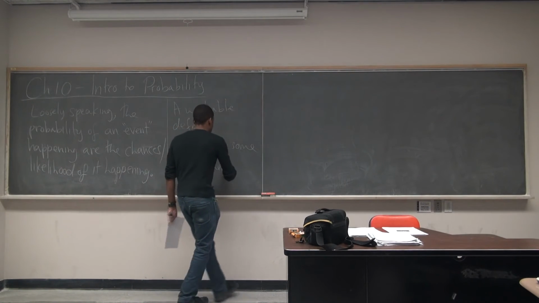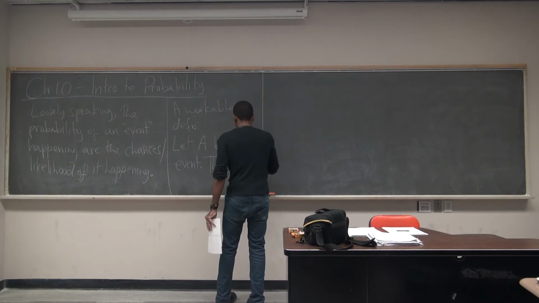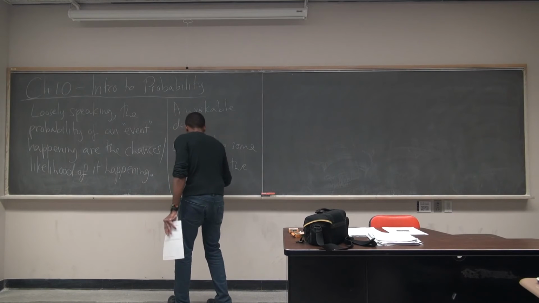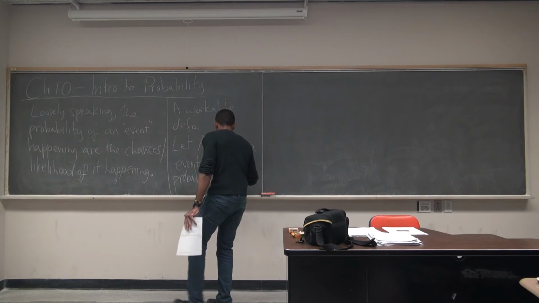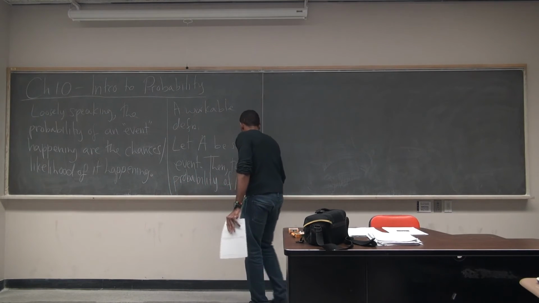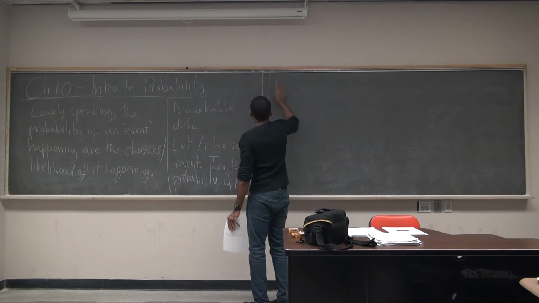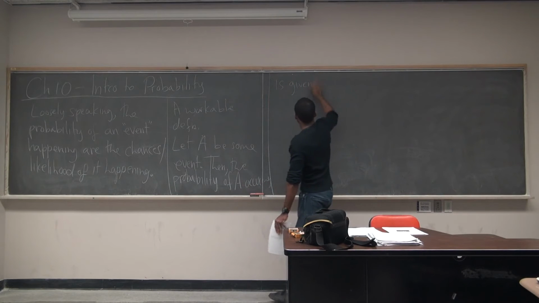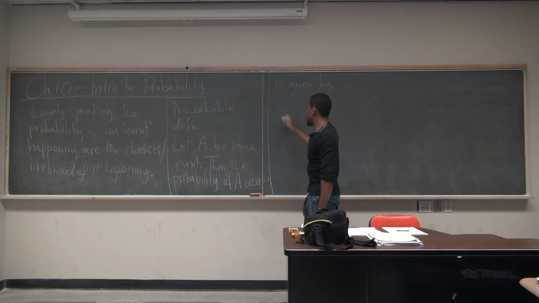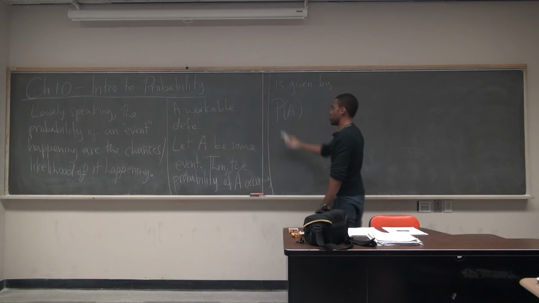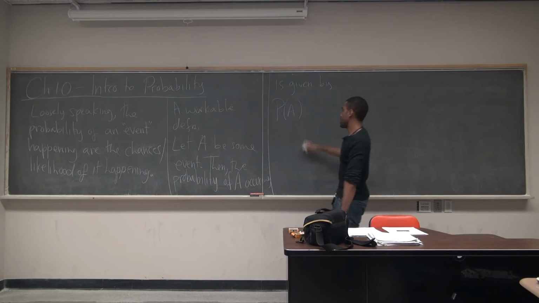Then the probability of A occurring is given by, here's the notation, you write P of A. That's the probability of A. You can think of this as a function.